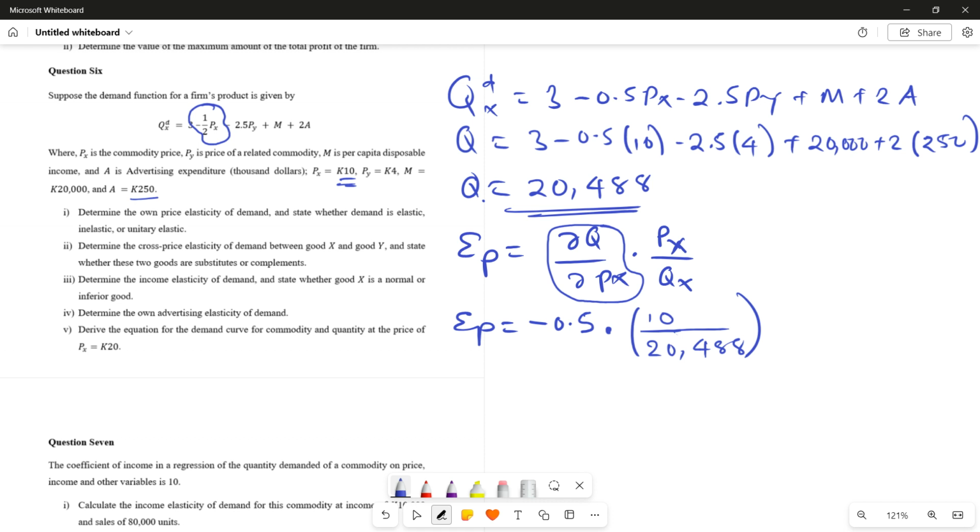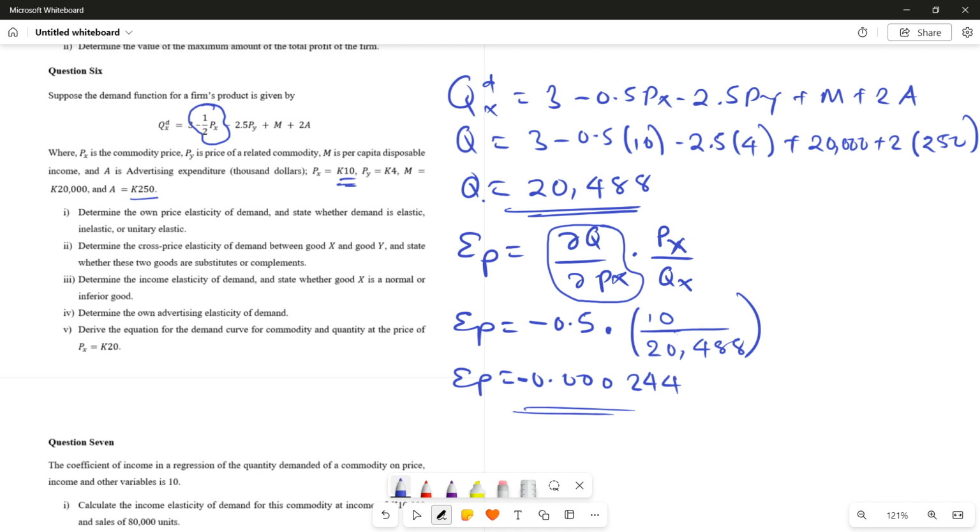So EP will be, assuming that I've done it correctly, let me do it again. It's giving me this divided by that. Yeah, it's giving me 0.00244, something like this.